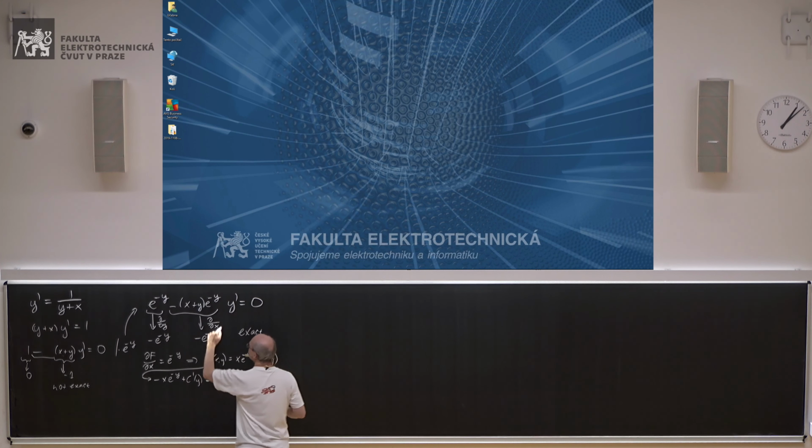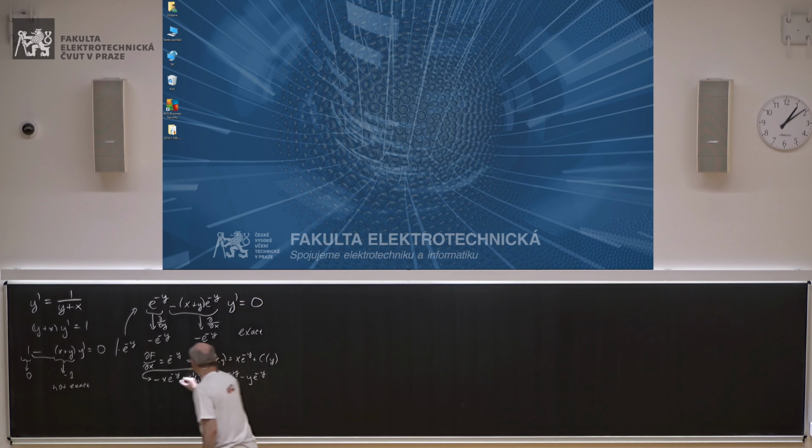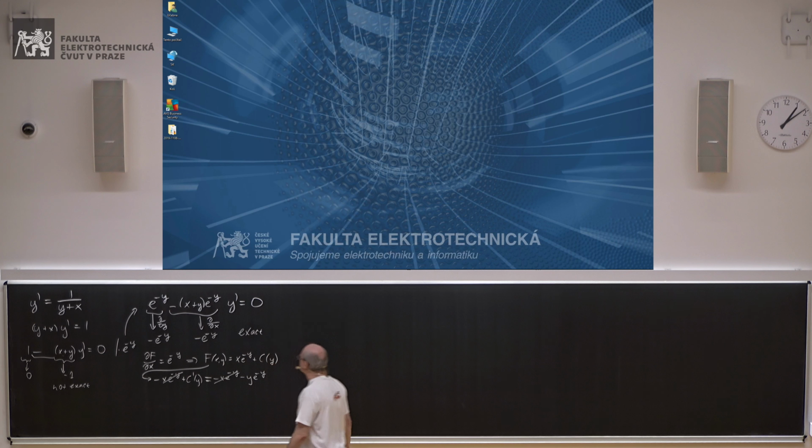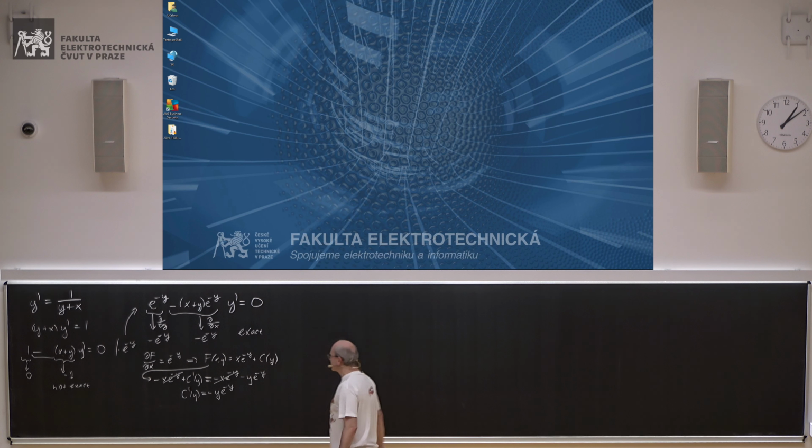And this is supposed to be this expression, which is minus x e to -y minus y e to -y. Okay, this cancels. And I can see that the derivative is equal to minus y e to -y. Do I like it? That's integration by parts.